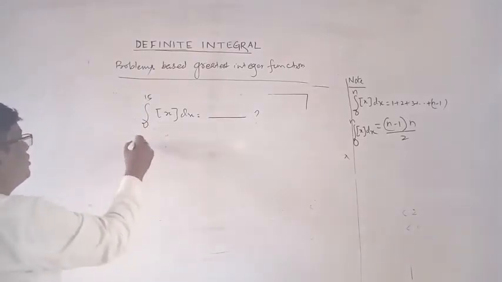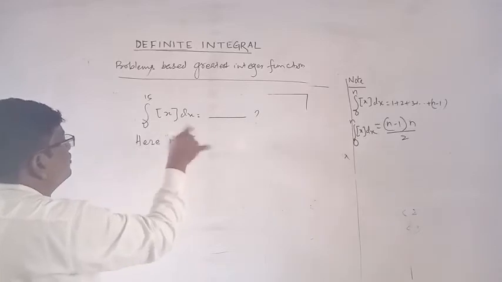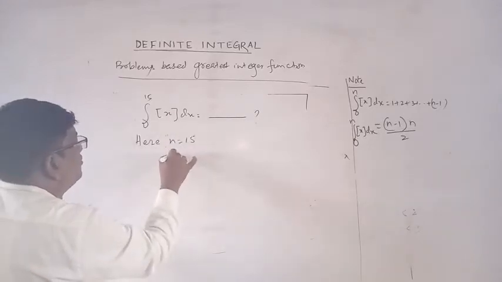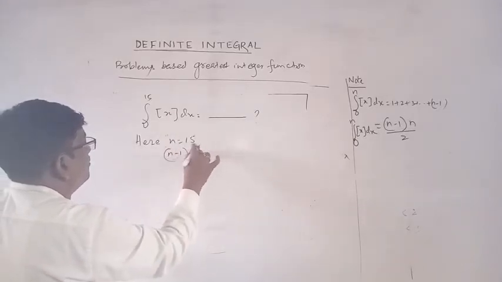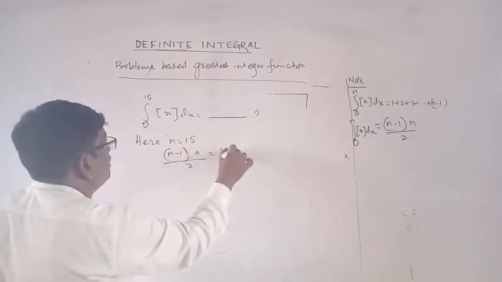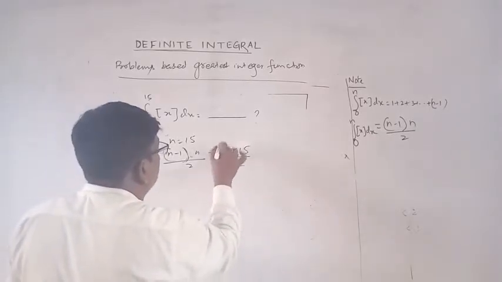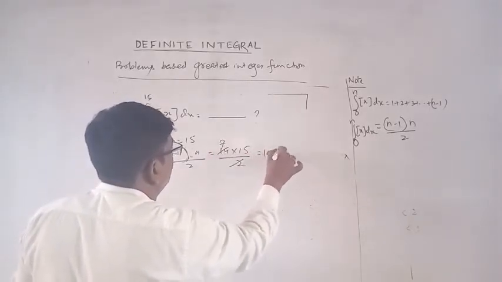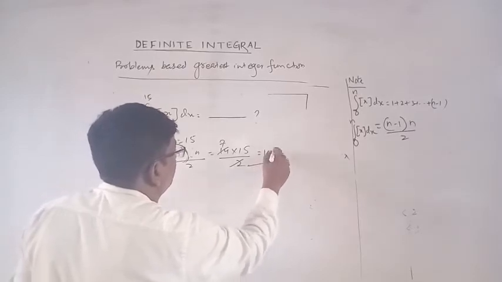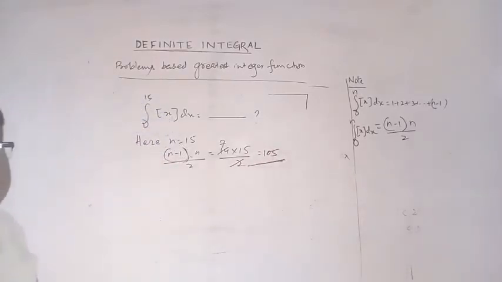Here n is equal to 15. The formula is n minus 1 into n by 2, so 14 into 15 by 2, which is 105. This is the answer.